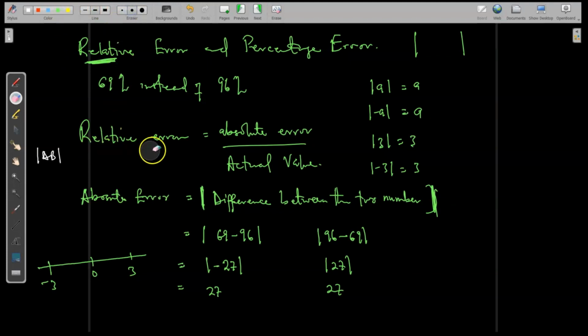So when it comes to relative error, it is simply the absolute error divided by the actual value. And when we talk about absolute error, it is simply the difference between the two numbers placed in between the absolute sign. So irrespective of how you wrote it, if you had a negative number, it will change to what? Positive.